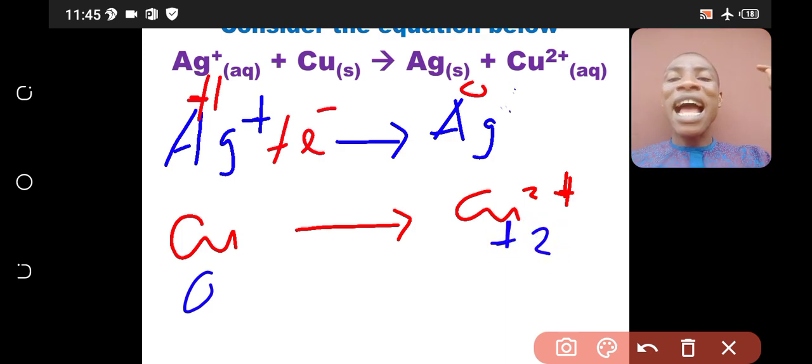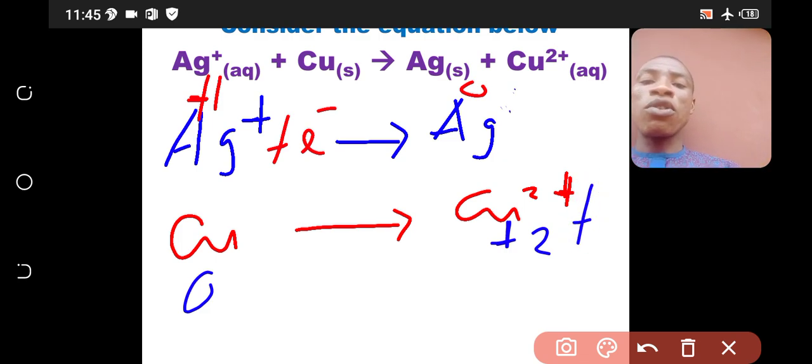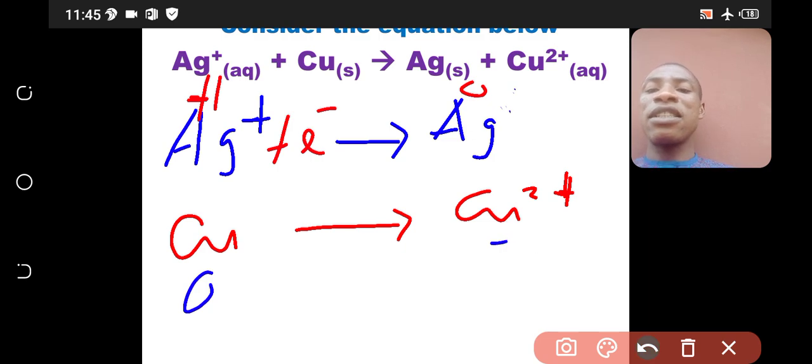So the +2 is higher than 0. You bring down the +2 by adding 2 electrons to the side that is higher. So I'm going to put 2e- here. Good. This is the balanced equation for the second one. Don't forget the way I balanced it.